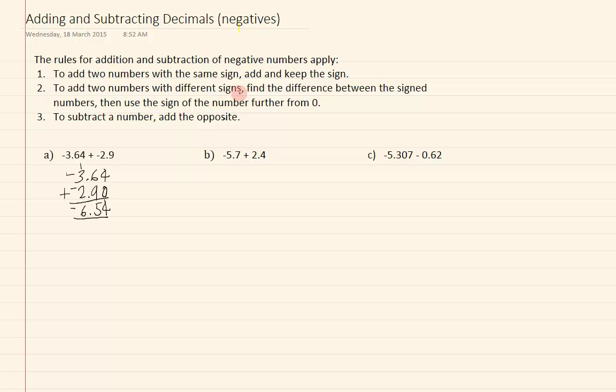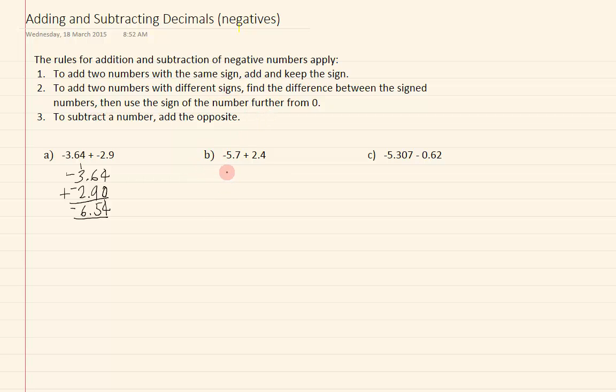We find the difference between the sign numbers. Okay, so finding the difference, of course, means subtraction. But just for this first part of the rule, we ignore the signs. So let's have a look at an example, and then we'll look at this next part of the rule.